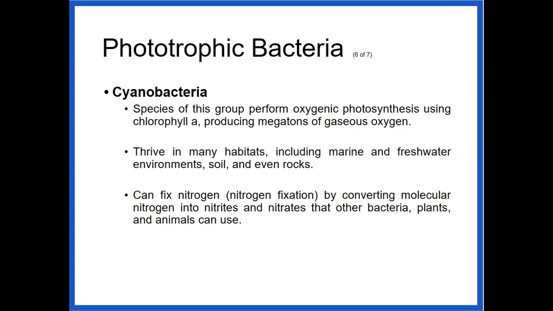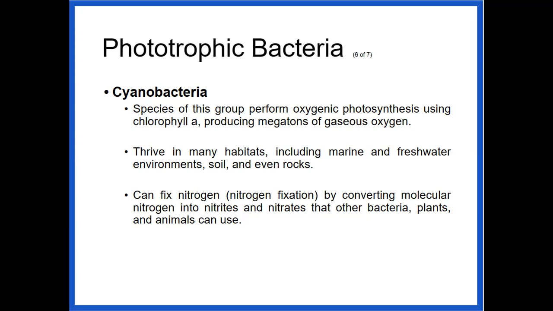So species of this group performs oxygenic photosynthesis using chlorophyll A. So you produce a large amount of gaseous oxygen. So it can thrive in all habitats. So even freshwater, even marine. So they can live also in soil and even in rocks. They can also trap the nitrogen.